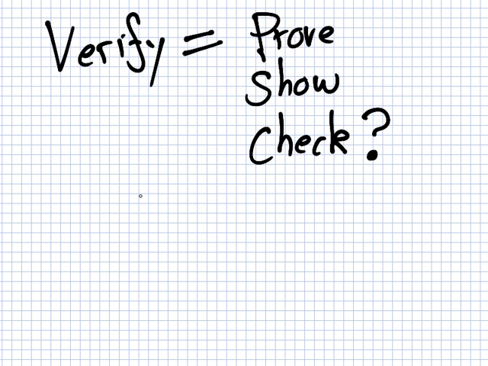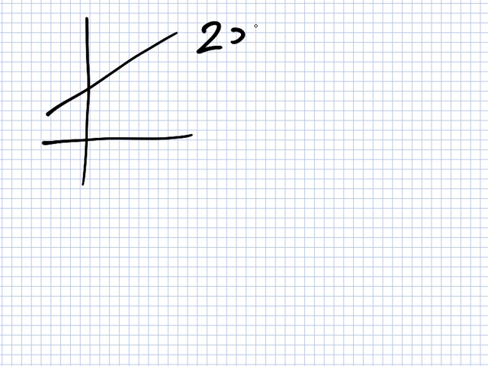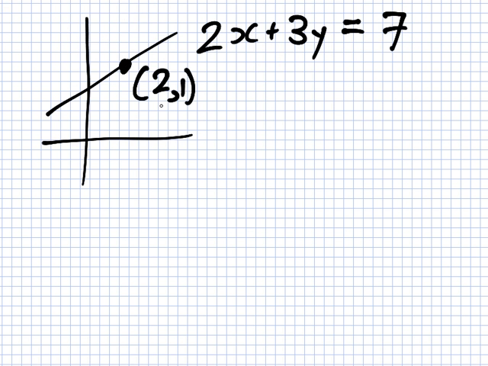So for example, imagine I have this line, let's say 2x plus 3y equals 7. And I have a point here which we'll say is (2, 1). But I don't know if the point is on the line.